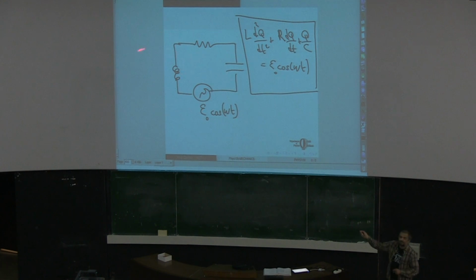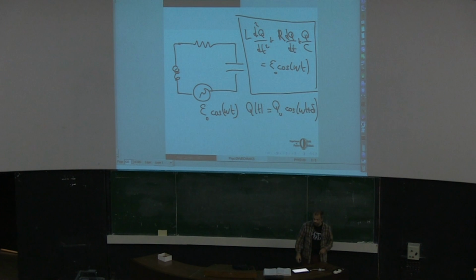Now, you can just imagine this as a part of a circuit. If we wait long enough, the solution, the charge in the circuit, Q of t, will just oscillate with the same frequency omega. Let's say it is equal to Q0 cosine of omega t plus delta.